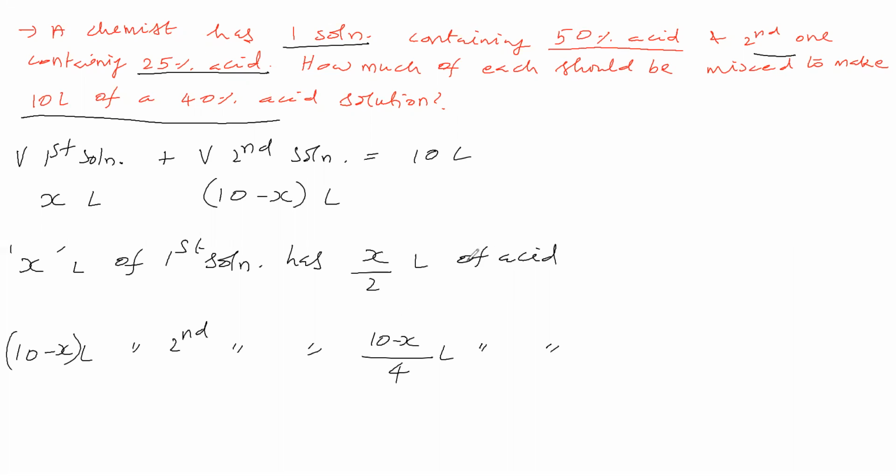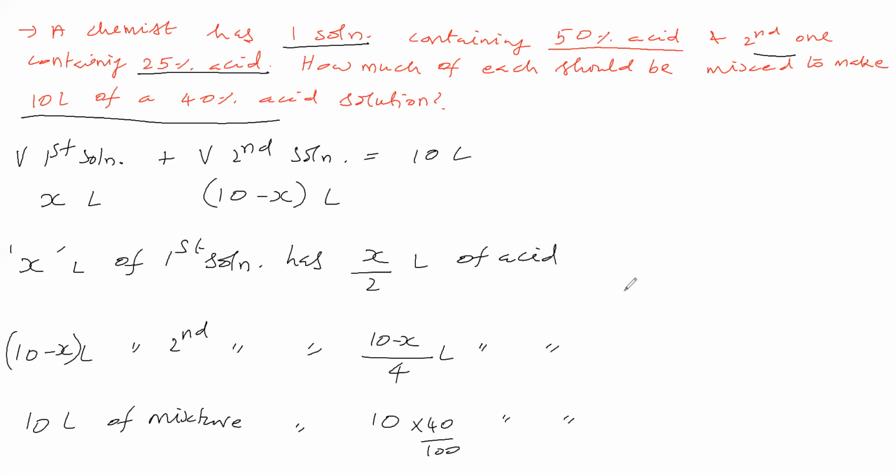Now this mixture is 10 liters. How much acid does 10 liters of mixture have? It has 40%, so 10 into 40%.